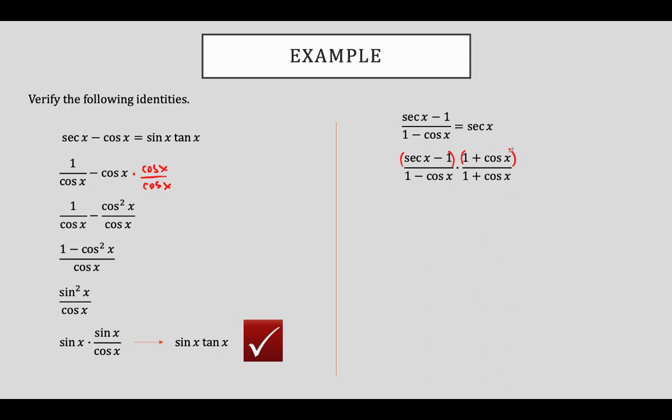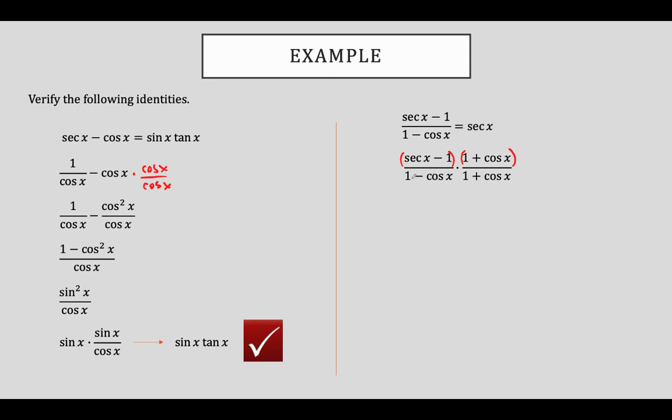Therefore, when I multiply secant x and cosine x, I'm going to get positive 1. My inner terms, negative 1 times positive 1 gives me a minus 1. So those are going to subtract to 0. And then my last terms give me a negative 1 times a cosine x. So that leaves me with secant x minus cosine x in the numerator.